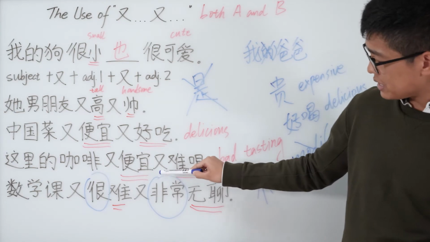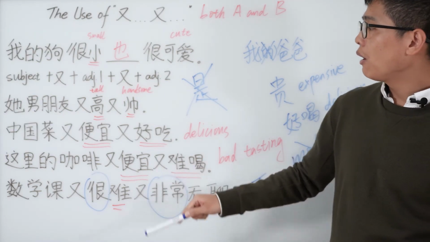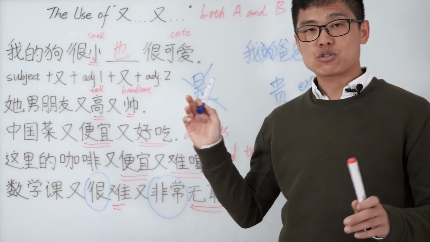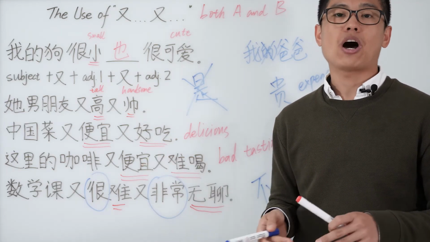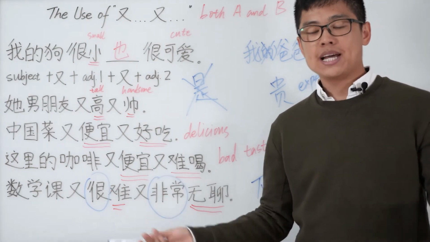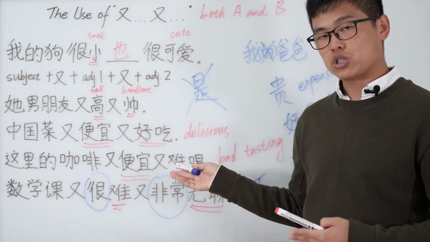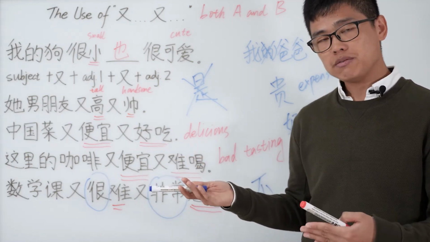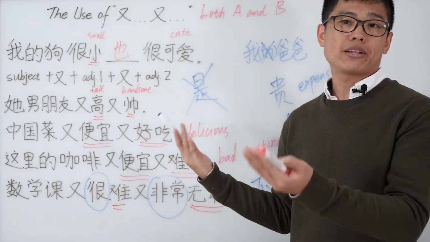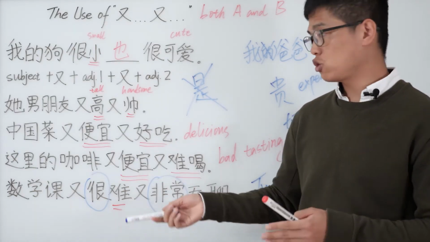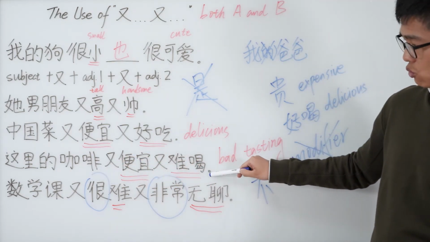And for this sentence, we talked about how the two adjectives have to be on the same side. They cannot be one good, one bad. Okay? When you describe something and you want to use yo-yo structure, the two adjectives, they better be on the same side. Otherwise, you are saying a wrong sentence like this one.